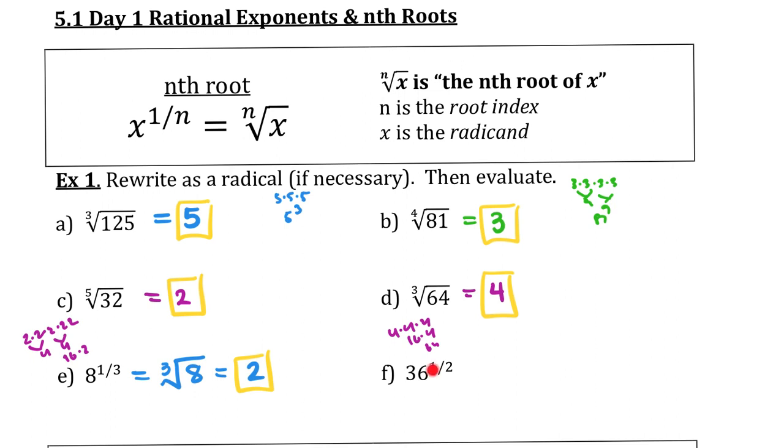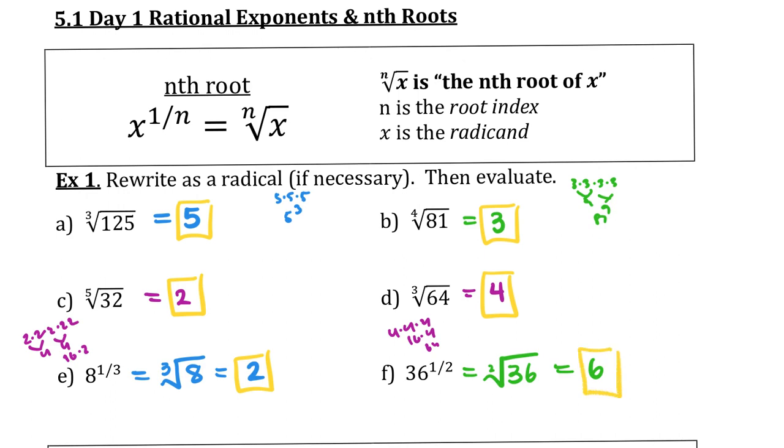Again, this is a fractional exponent. Fractions mean roots. So 36 to the 1/2 is the second root of 36. Now when you do a second root, you don't have to put the 2 here. If there's no 2, we assume it's a square root. So the square root of 36 is just 6 because 6 times 6 is 36.